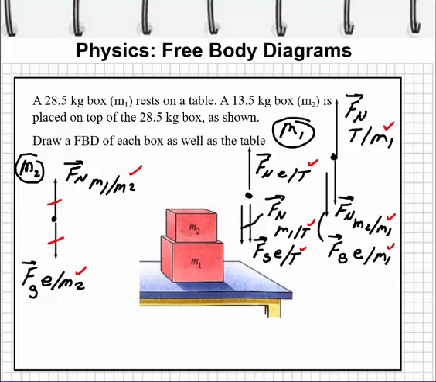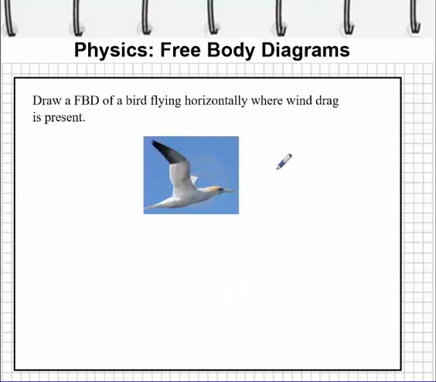Let's look at some other examples here. Here I want to draw a free body diagram of a bird flying horizontally. We'll say it's flying at a constant velocity where wind drag is present. Again, we immediately start with a dot to represent the bird. We'll have the force of gravity coming down.